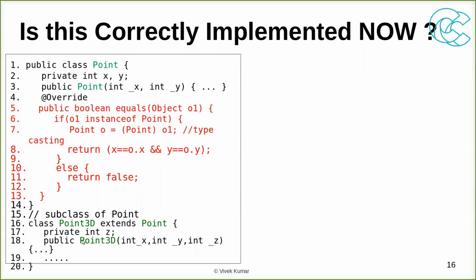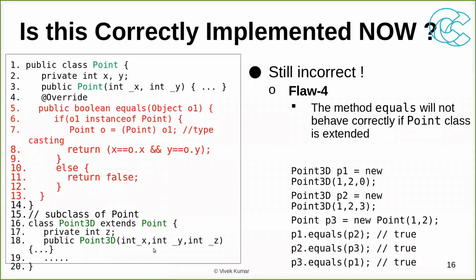So you create the corresponding constructor, and now let's say you have this kind of code. You create point p1, which has x, y, and z values 1, 2, 0. You have p2 which has 1, 2, 3, and you have p3, and these are of type Point, and the x and y values are the same for all three.